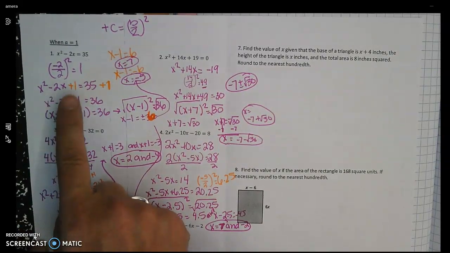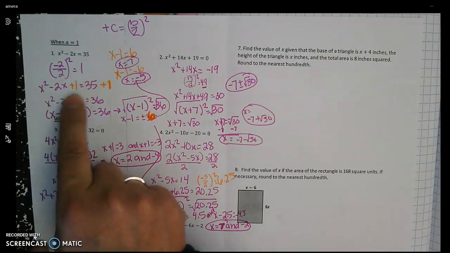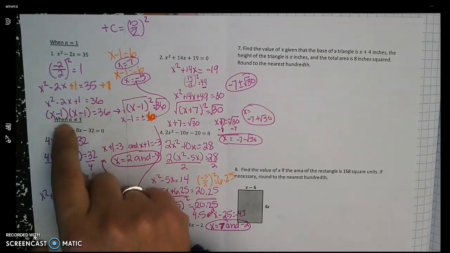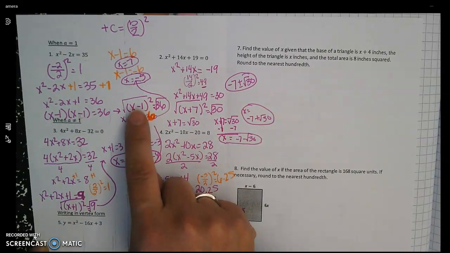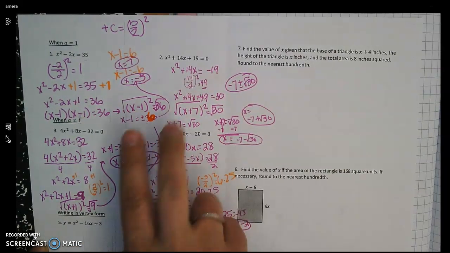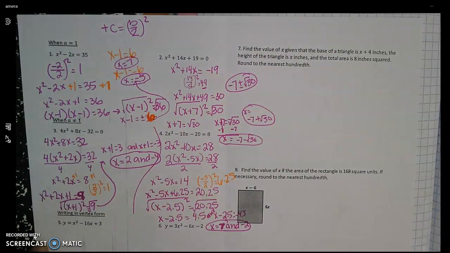Once you added the C term, you were then given a perfect square trinomial that you could factor into a perfect square. Once you factored it into the perfect square, you were then easily able to find the square root of both sides to find what x is.